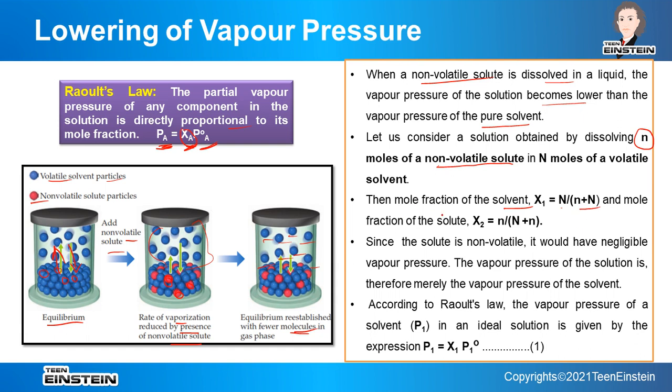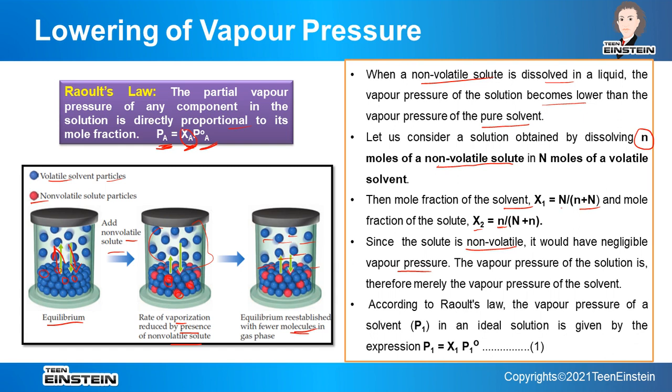Similarly, the mole fraction of solute will be the number of moles of solute divided by the total number of moles. Since the solute is non-volatile, it will not be in the vapor phase. It will have negligible vapor pressure.